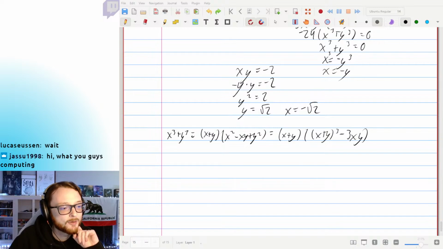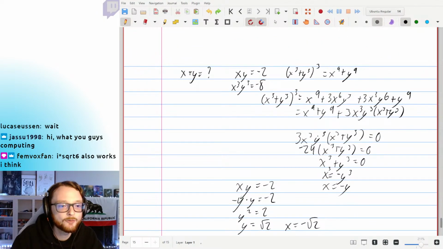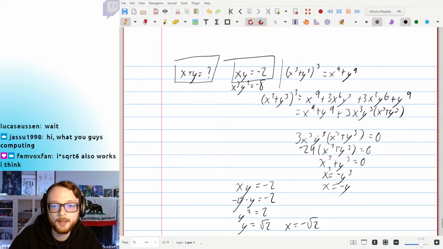Dang, I wish Mega didn't have to leave because I don't understand how you can go from this to this. The question is, what does x plus y equal given xy is -2 and x cubed plus y cubed cubed is x to the 9 plus y to the 9?